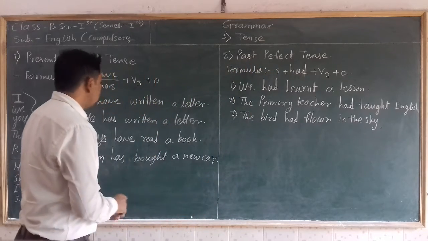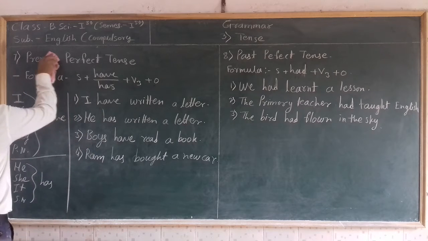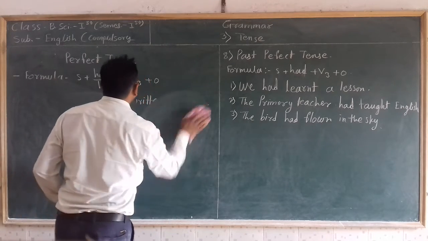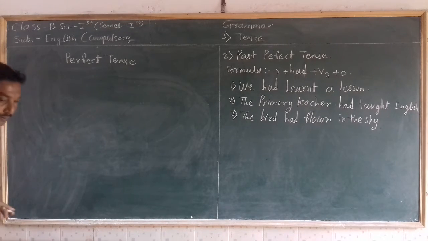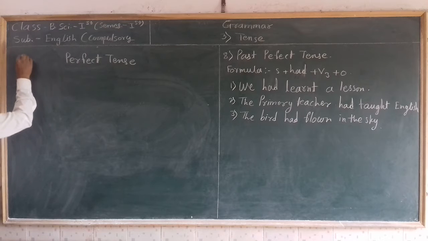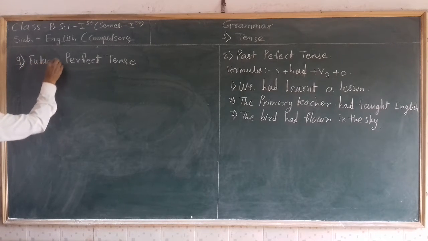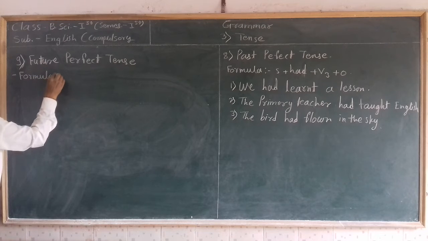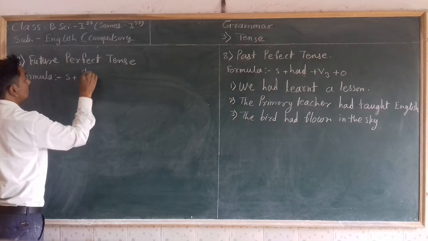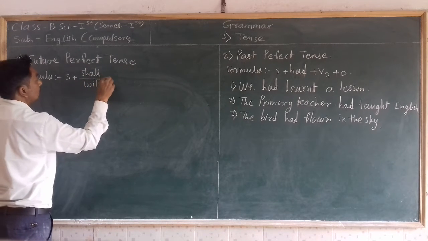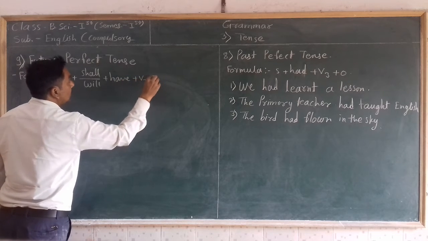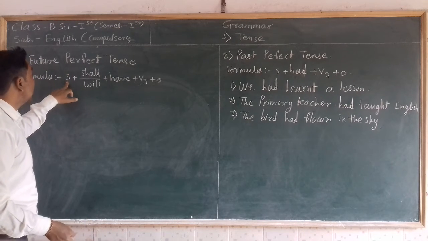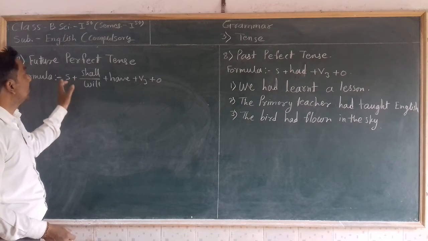Now let's take another type of sentence of perfect tense, and it is the ninth type of the sentence, future perfect tense, and the formula is subject plus shall or will have plus V3 plus O. So in future perfect tense, if you want to make any sentence, use the subject, and according to the subject we have to use shall or will in front of that subject.